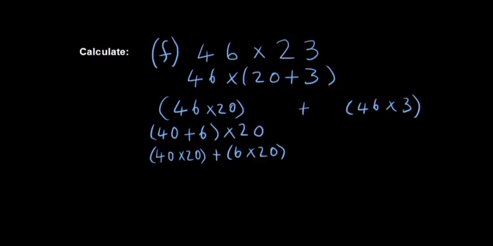So now we're going to multiply the 40 by 20 to get 800. Then we're going to multiply 6 by 20 to get 120.